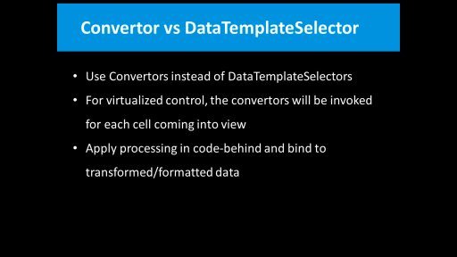It's much better to do all this processing, all the formatting, all the style selection before you bind your data. And we'll see an example of this later on. This is one of the two mantras really on improving WPF application performance.